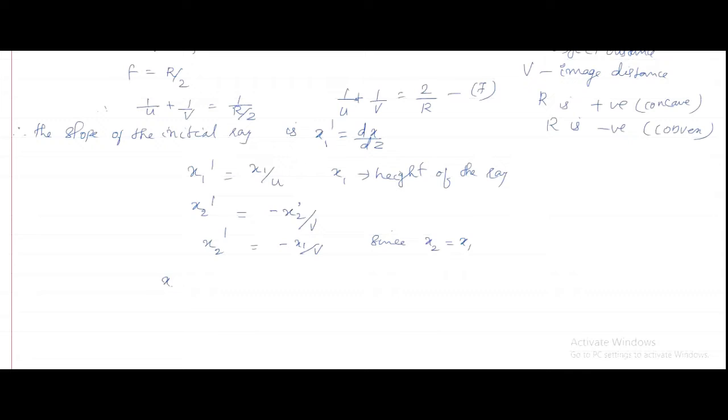Also, we have written x1 dash equals x1 by u, or from that we can write 1 by u equals x1 dash by x1. Similarly, we can write x2 dash equals minus x1 by v. Therefore, 1 by v equals minus x2 dash by x1.